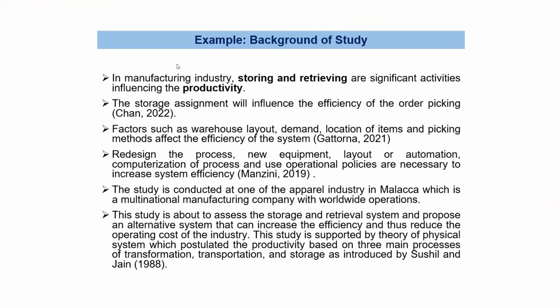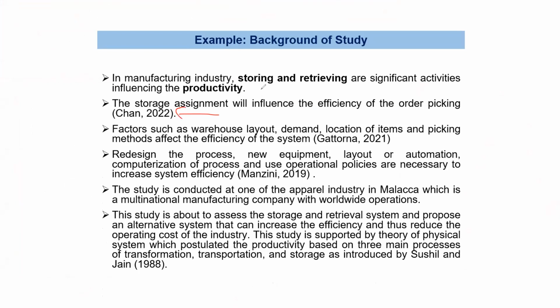In the manufacturing industry, storing and retrieving are significant activities influencing productivity. The storage assignment will influence the efficiency of order picking, for example Chan 2022. So I mentioned the latest literature.